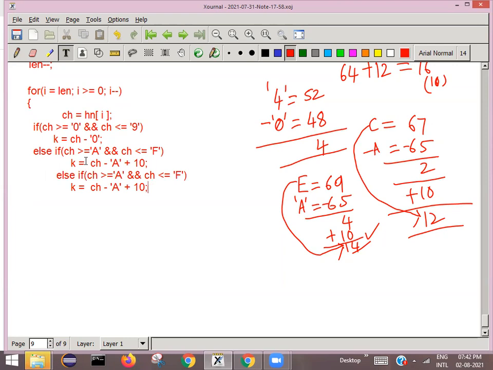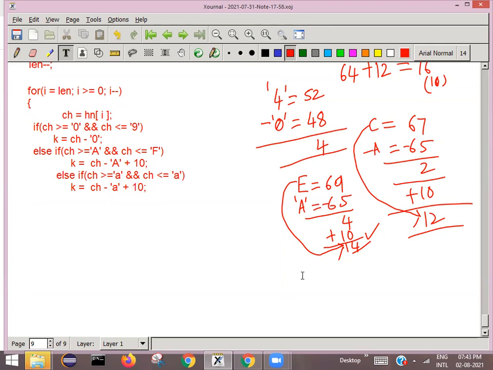If it is not an uppercase, but a lowercase, small a to small f, the logic is the same. From that character, subtract small a, then add 10.